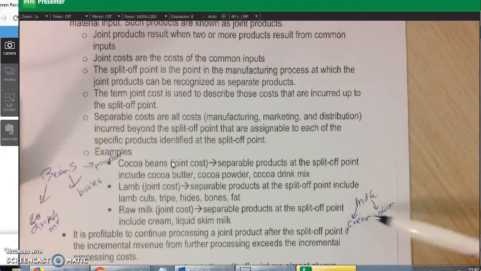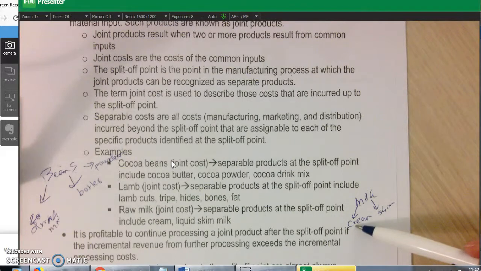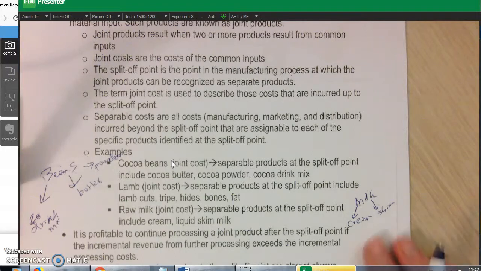Separable costs are all costs after the split-off point. Maybe we need to refine cream into heavy cream and light cream, for example. Any additional costs we incur to further process cream into heavy cream or light cream would be separable costs.